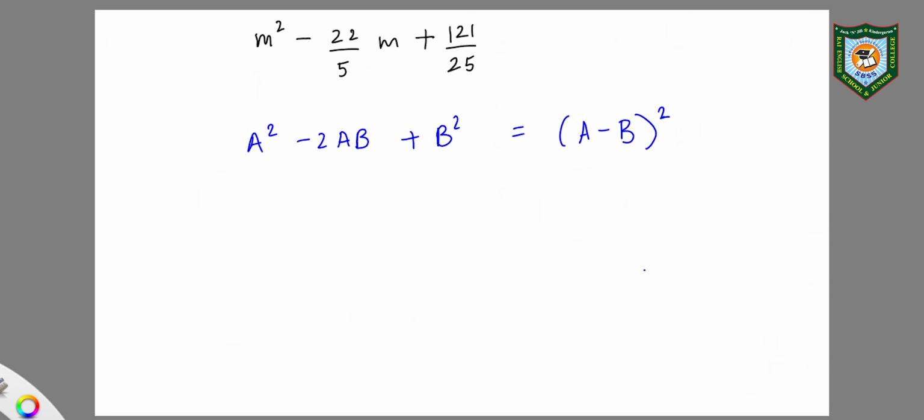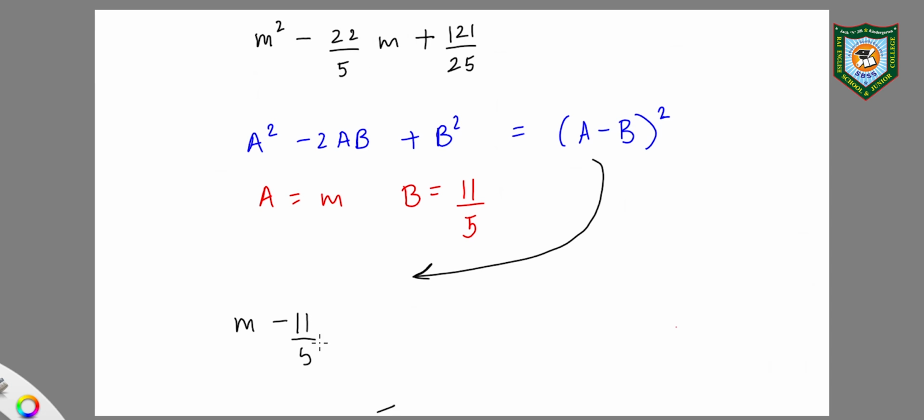So all I need to do is write a is equal to m and b is equal to 11 divided by 5. So this becomes (m − 11/5) whole square. So this quadratic expression can be turned into m minus 11 divided by 5 whole square.